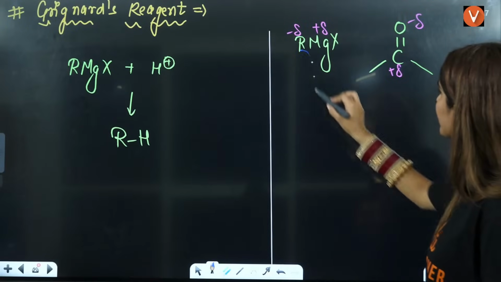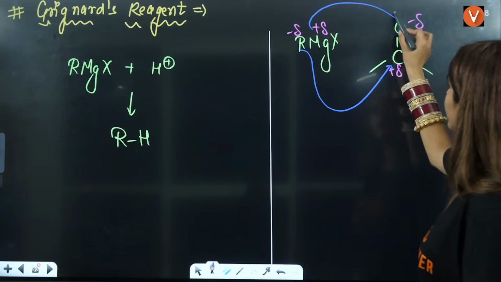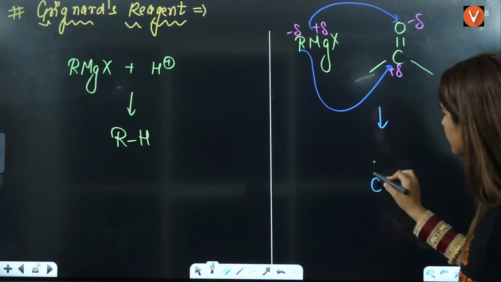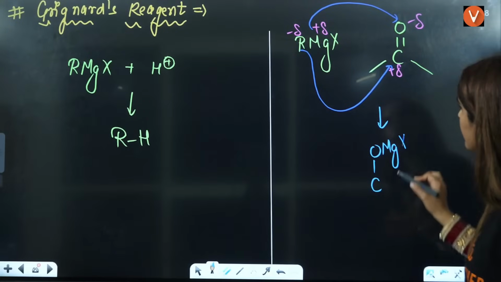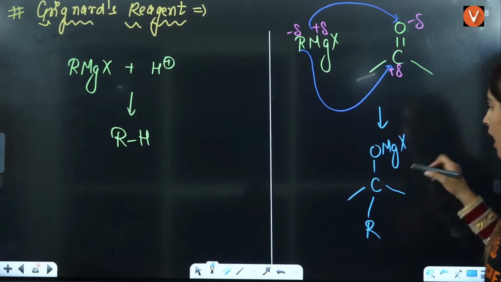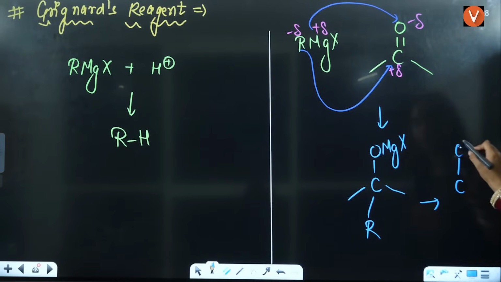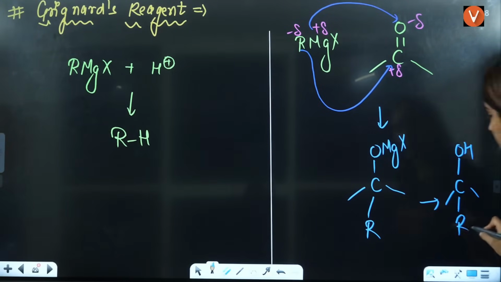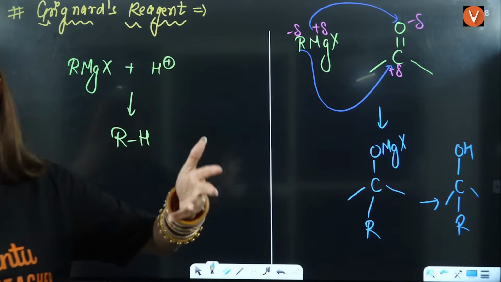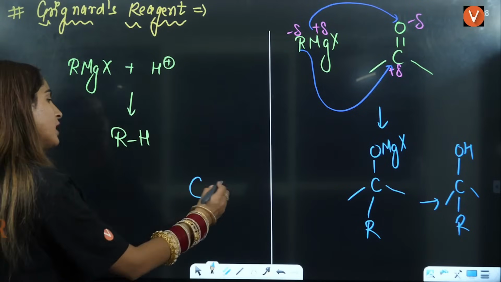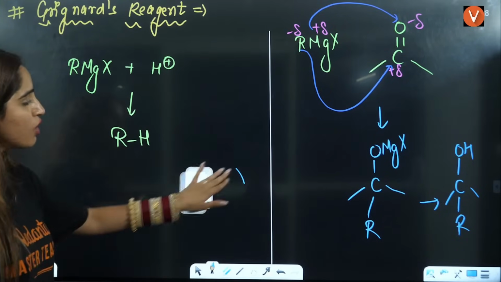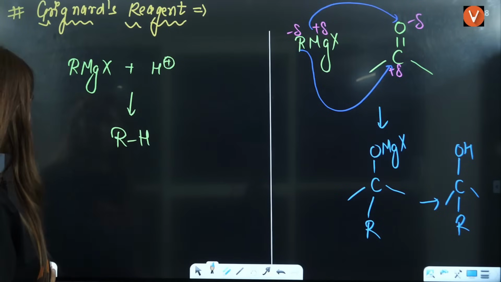Now the R is going to attack the carbon, so it gets attached there and you get C-OMgX with the R. After hydrolysis, this is converted to C-OH with the R. That is the difference between having a proton source and a carbonyl carbon, or even a C triple bond N, which does the same thing. So these two reactions of Grignard reagents are very important.